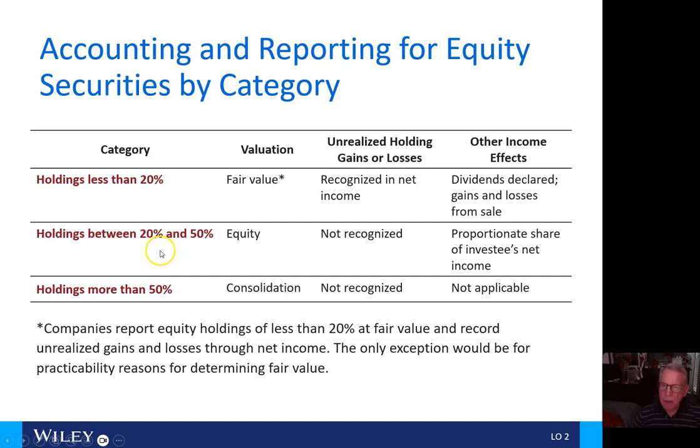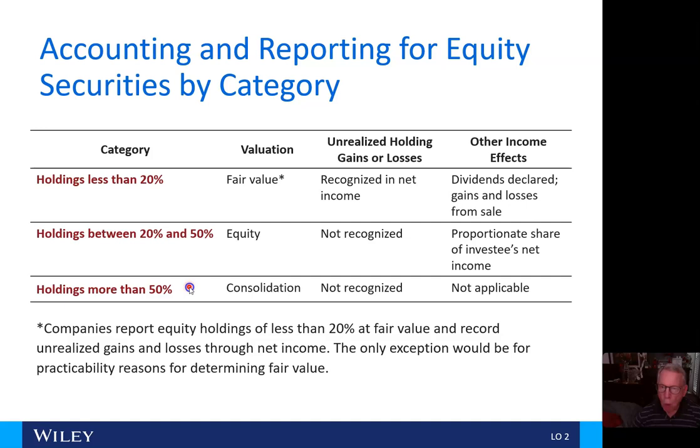Now, once we have a 20 to 50% ownership, then we're going to use the equity method of valuation, and unrealized holding gains and losses will not be recognized. And the other income effects will be a proportionate share of the investee's net income.